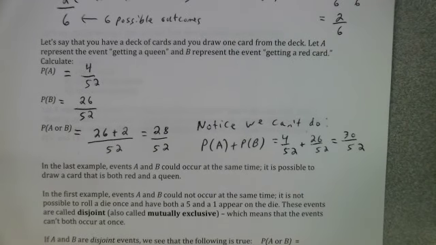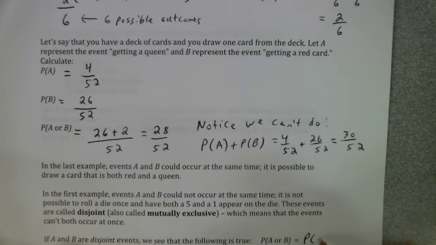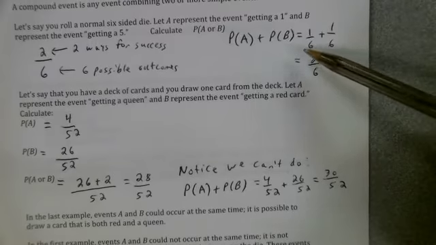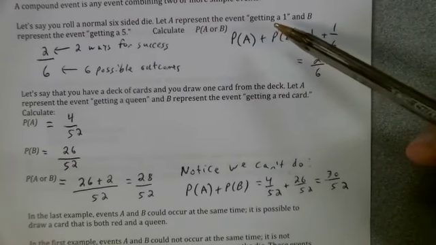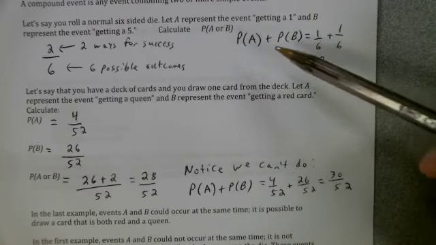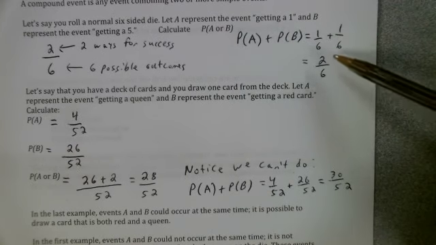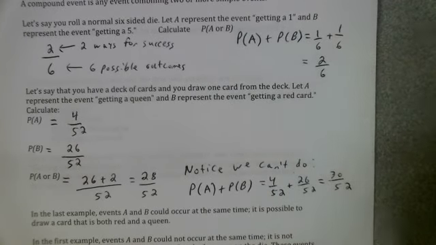Now if A and B are disjoint events, the following is true: probability of A or B equals the probability of A plus the probability of B. So if 2 events are disjoint, meaning they can't happen at the same time, we're in scenario 1, where with the die example, the probability of getting a 1 plus the probability of getting a 5 is 2/6. That's the probability of getting a 1 or a 5.